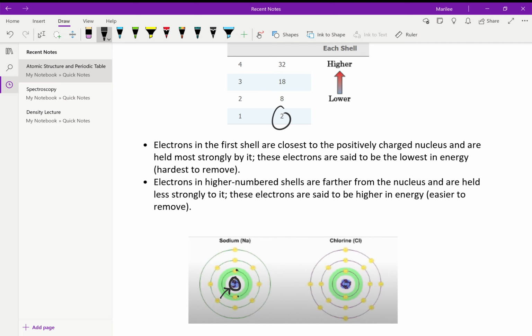And then the next shell, which holds maximum 8, if you guys see 1, 2, 3, 4, 5, 6, 7, 8, that's shell number 2. So the electrons in higher number shells are further from the nucleus and are held less strongly together because they're not as close to the nucleus. Remember, the nucleus is very dense.